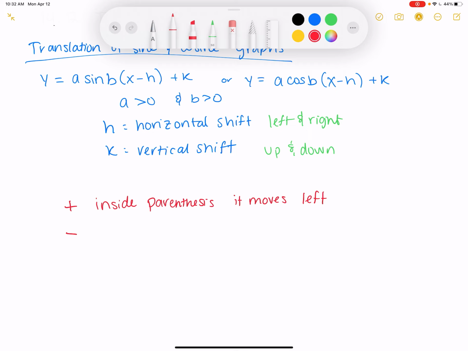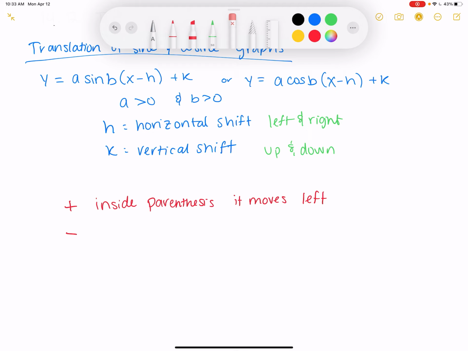If there is a negative inside the parentheses, it moves right. Sorry, I just wrote the exact same thing, didn't I? Wait, no. Hold on. This is supposed to say outside. I don't have them in the order that I want them. Okay, if it's a negative inside.